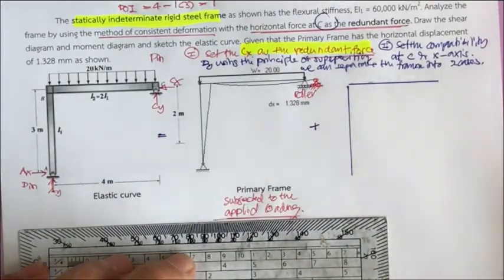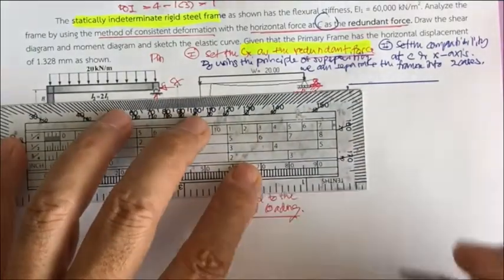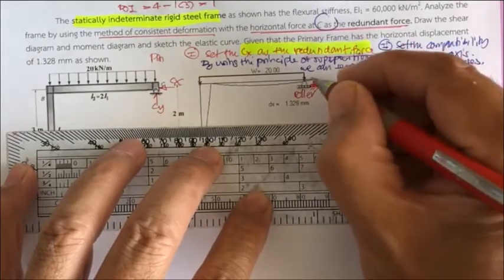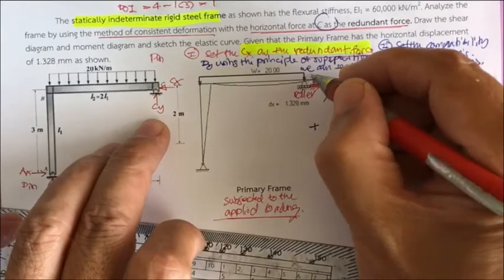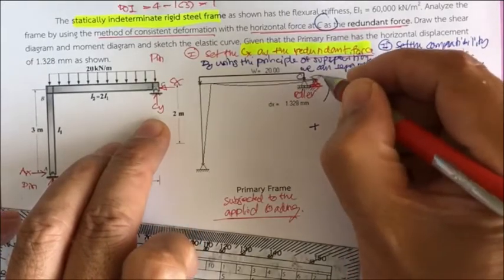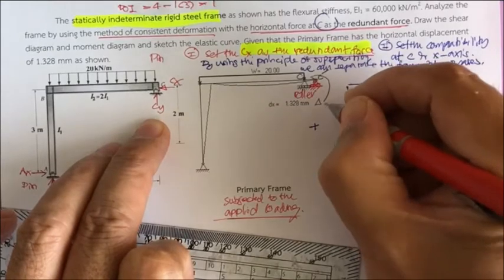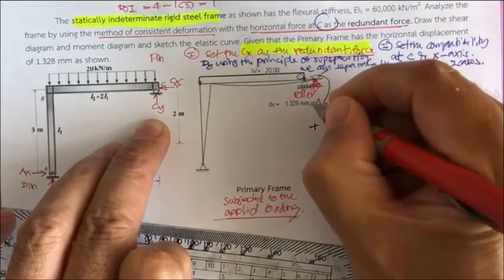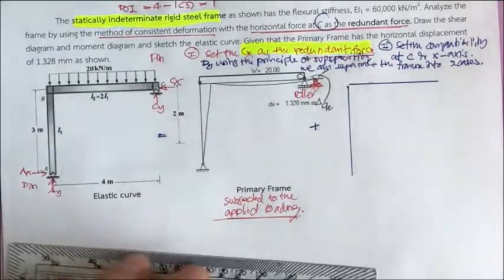This one is going to have a displacement at this point, along this direction. Let's call this point C, moving to C prime. So we set this as delta C, and let's say delta C horizontal equals 1.328.